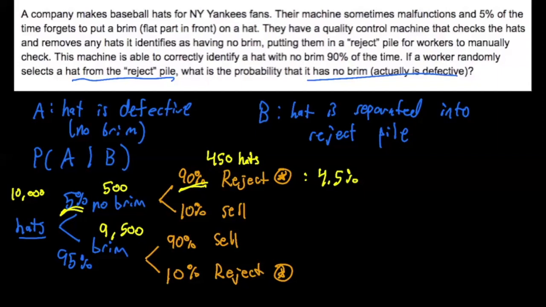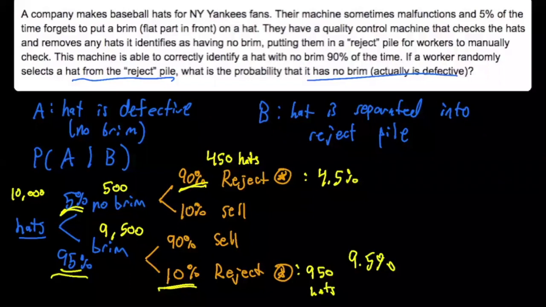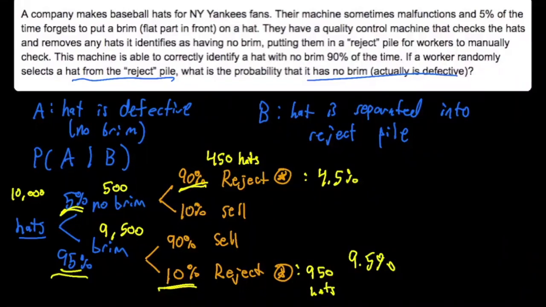We could go down our bottom tree. So 95% probability that it has a brim, and then 10% probability it ends up in the reject pile. We could start with our numbers, 9,500 times 10%. That's 950 hats. If we multiply the percentages, then we have 95% times 10%, which gives us 9.5% of all hats. So we can use numbers to help us out. We could also just write down the percentages.